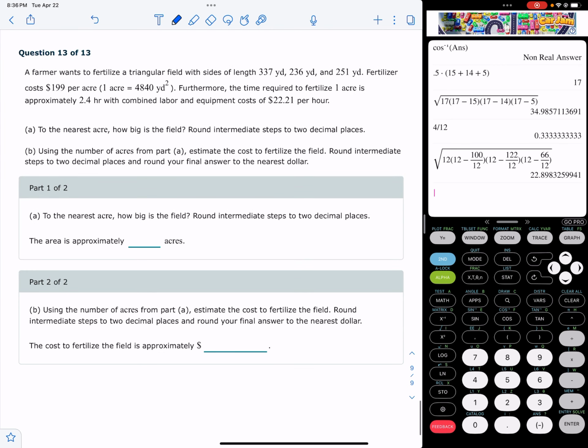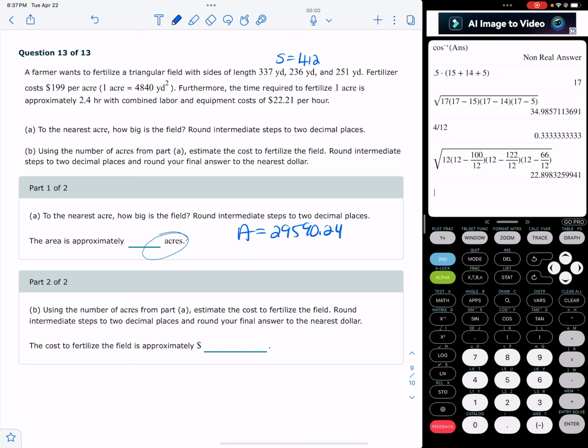Okay, last one. So first, we need to find the area, and it gives us the sides. So that's great. Find the area, and when you do this, your S is 412, and you're going to get a big number.